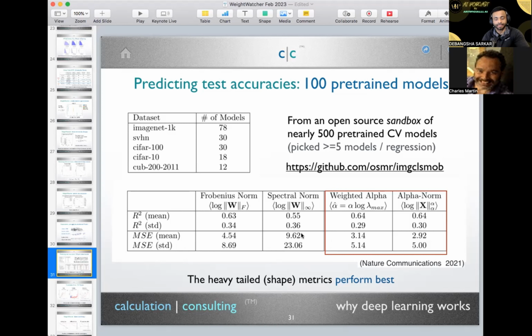If you look at the mean squared error, we're way better than these metrics. If you look at R squared, the correlations, depending on how you measure things, we can look about the same, or worse, or we can look really, really good. There's some argument about what's the best way to measure generalization, which is fine.